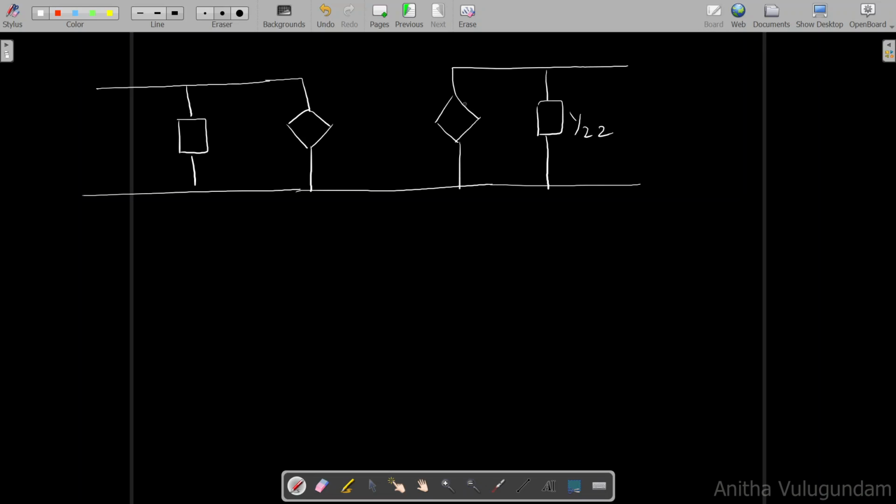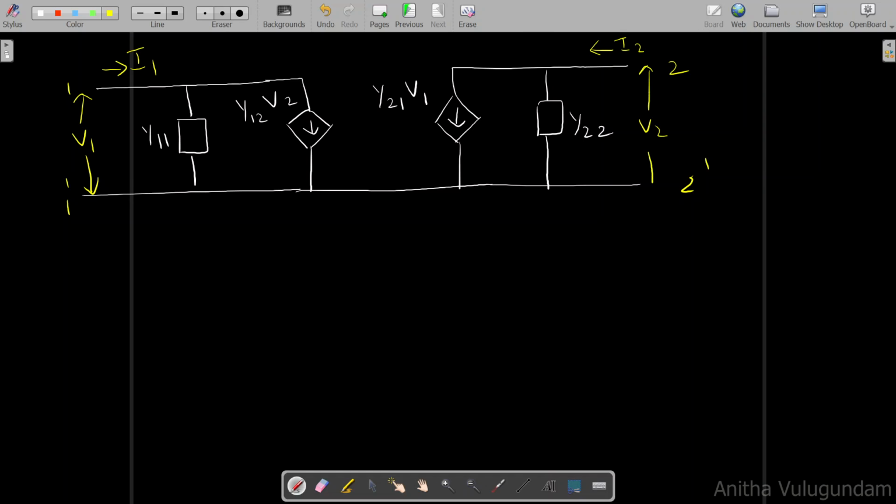This is Y22, Y21 V1, this is Y12 V2, this is Y11, and 1 1 dash, V1, this is I1, here I2, port 2 2 dash, V2. Okay, this is the equivalent circuit shown.